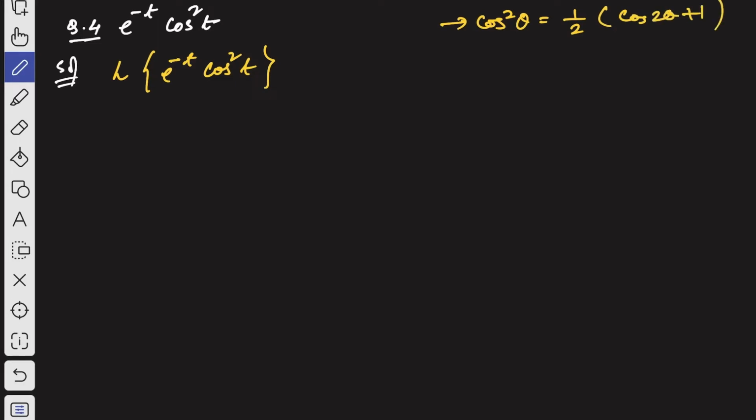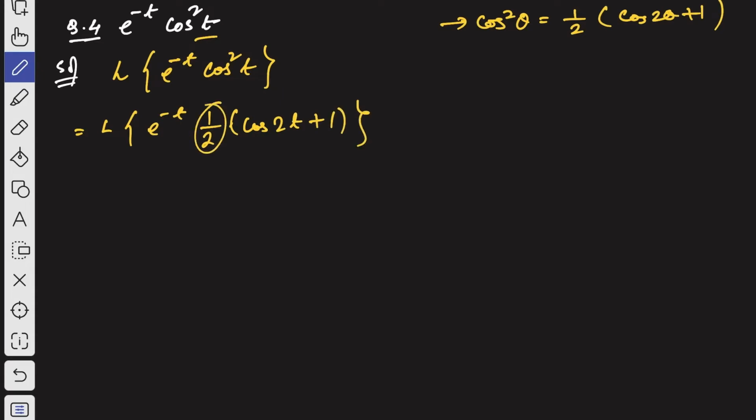Let us apply that. Here theta is nothing but t in this case. So then what we will get, Laplace transformation of e to the power minus t, instead of cos square we will get half (cos 2t plus 1), that's what we will get.